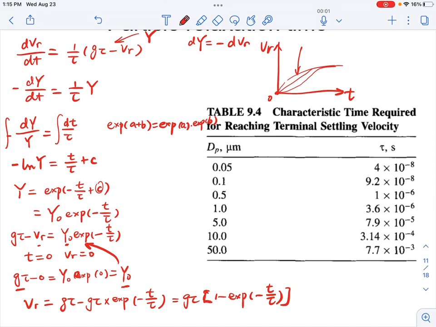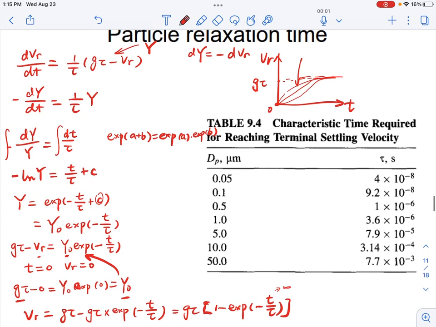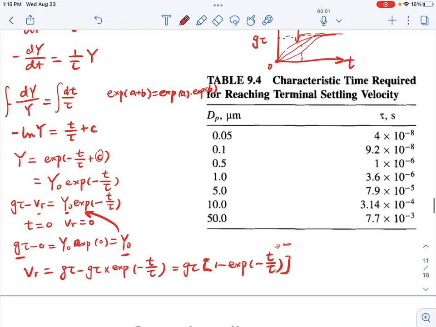So at the beginning, the velocity of the particle is 0, and then it gradually increases until, when time goes to infinity, it reaches the final or terminal velocity, which is g tau. We can also find the characteristic time for the particle to reach this terminal velocity.